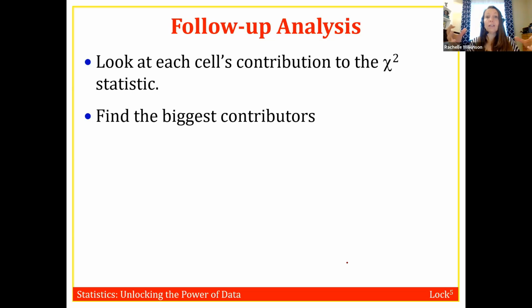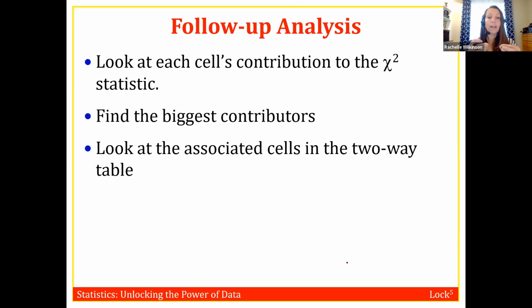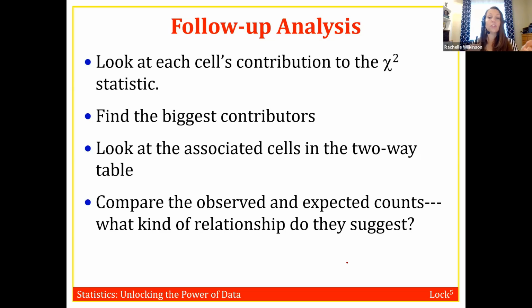So whichever cells are making that chi-square big are going to be where the action's happening. We're going to find the biggest contributors, look back at those cells in our two-way table, and compare the observed and expected counts in those cells to figure out, from a broader perspective, what kind of relationship they suggest.